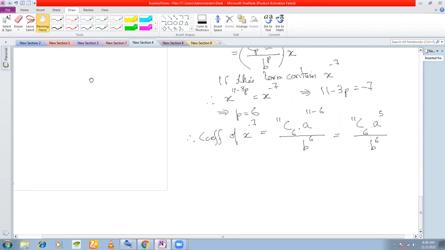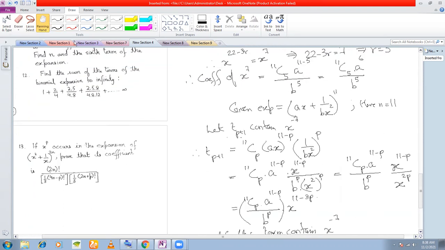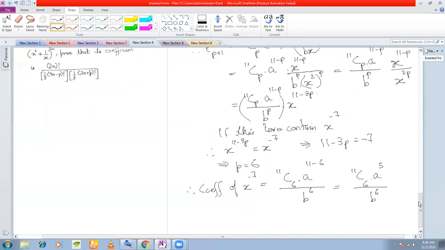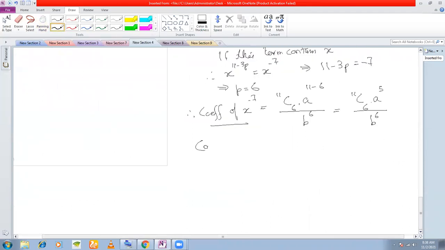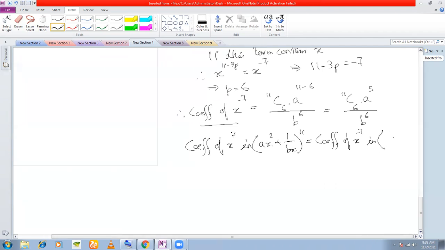Now, what have they said? That these coefficients are equal. Which coefficients are equal? Coefficient of x to the power of 7 and coefficient of x to the power of minus 7 in the two expansions. Therefore, equate them. So, coefficient of x to the power of 7 in ax square plus 1 by bx to the power of 11 is equal to coefficient of x to the power of minus 7 in ax plus 1 by bx square to the power of 11.